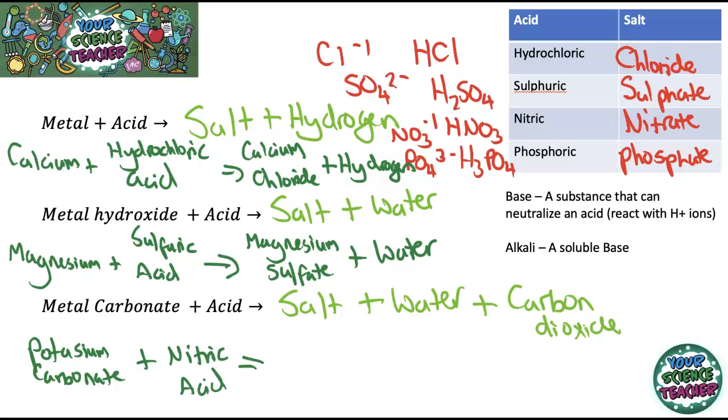The products of this reaction would be potassium nitrate as my salt, I'm going to make water, and I'm going to make carbon dioxide as my other product as well.